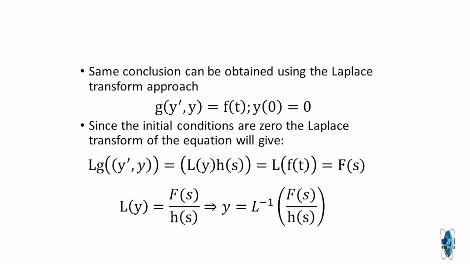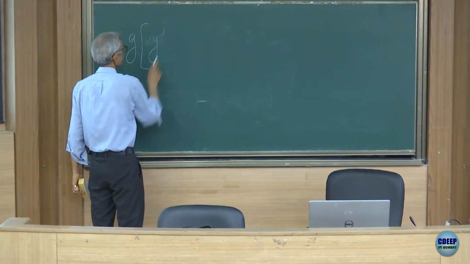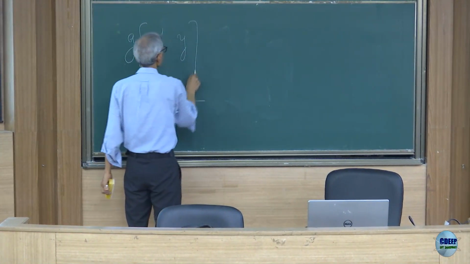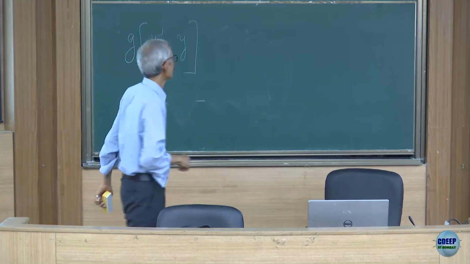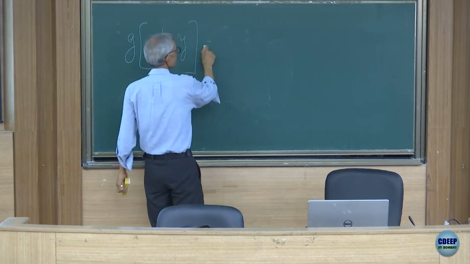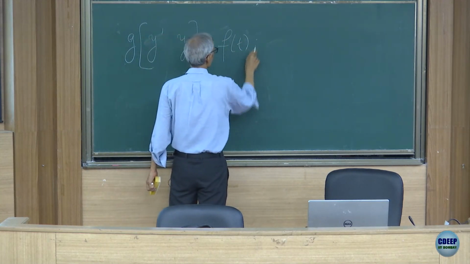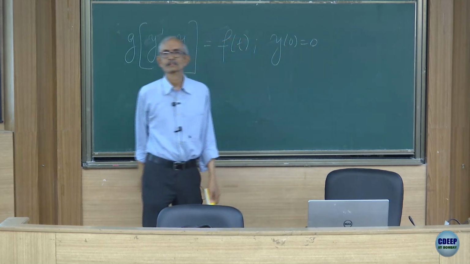So now let us say that the same situation exists, and now we go to a slightly more general plane, and I just say that there is a function g which is a function of y prime and y, just like y prime plus ay equal to something, and this is equal to f of t, and y0 is equal to 0.